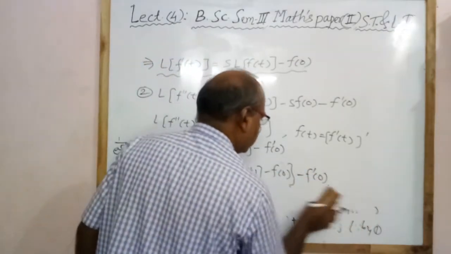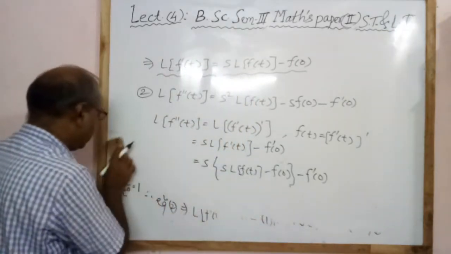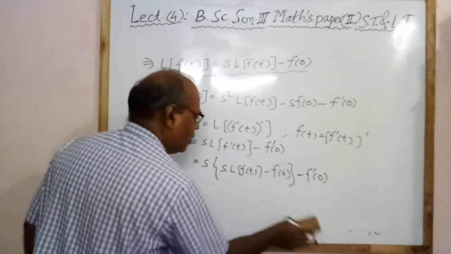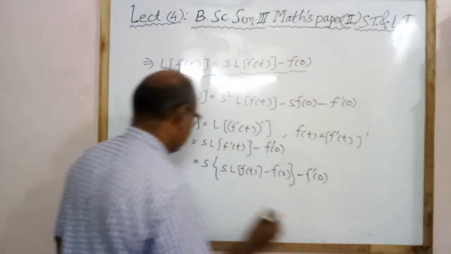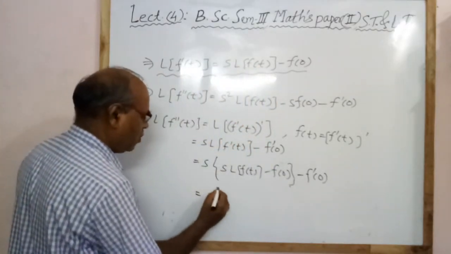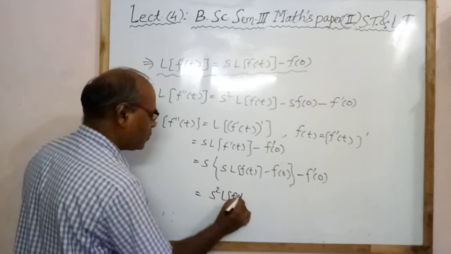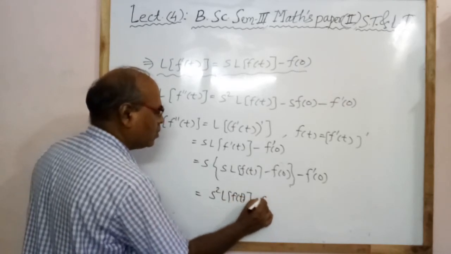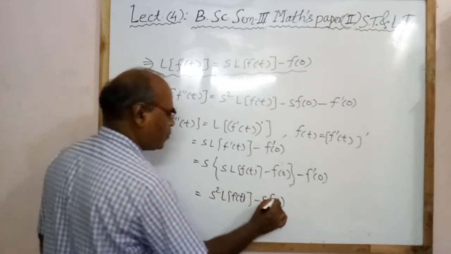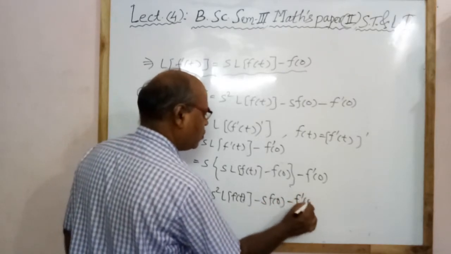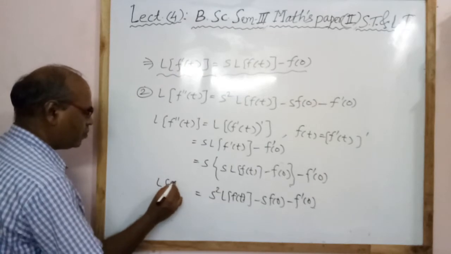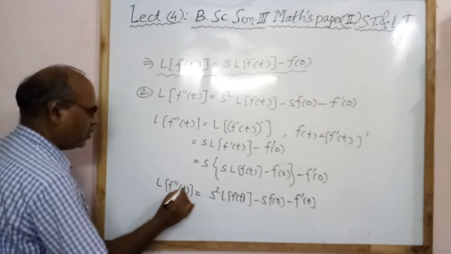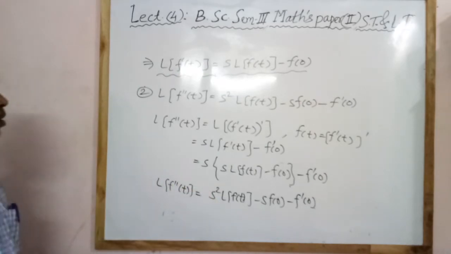Then multiplying by s, we get the required formula. Multiply by s, we have s square into Laplace of f of t minus s into f of 0 minus f dash of 0. This is the formula for Laplace of f double dash of t.